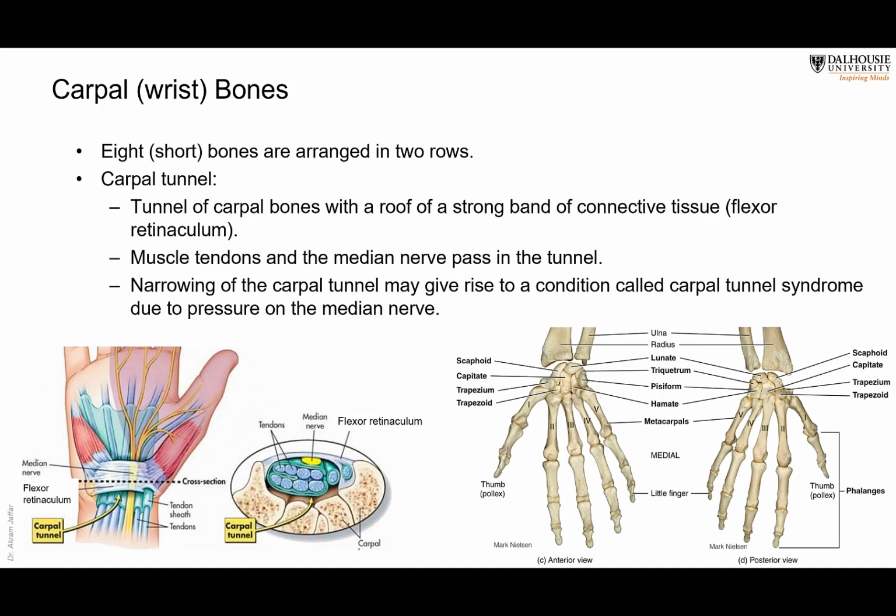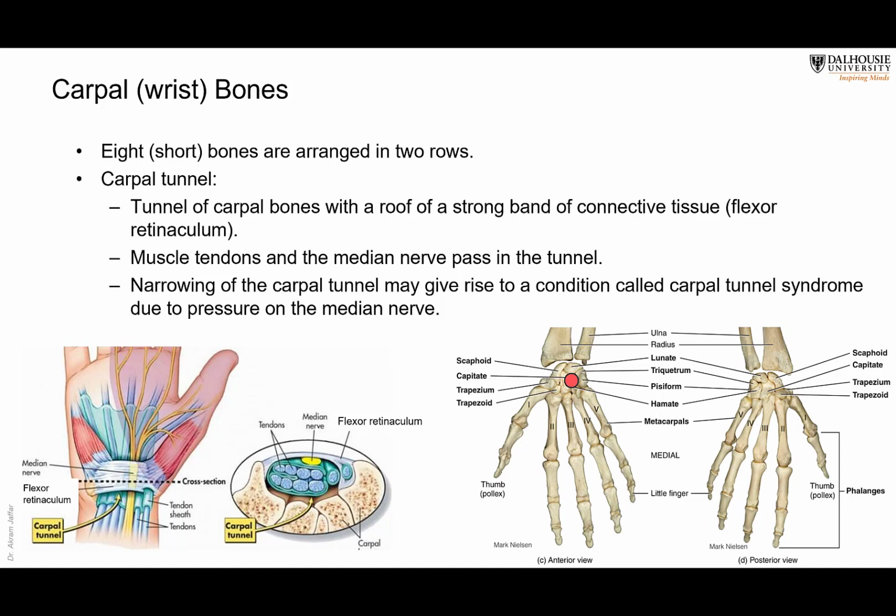Now we have the carpal bones. These are small bones. They are short bones, according to the types of bones that you have studied: long, short, flat, sesamoid, and so on. They are 8 in number, and they are in 2 rows.